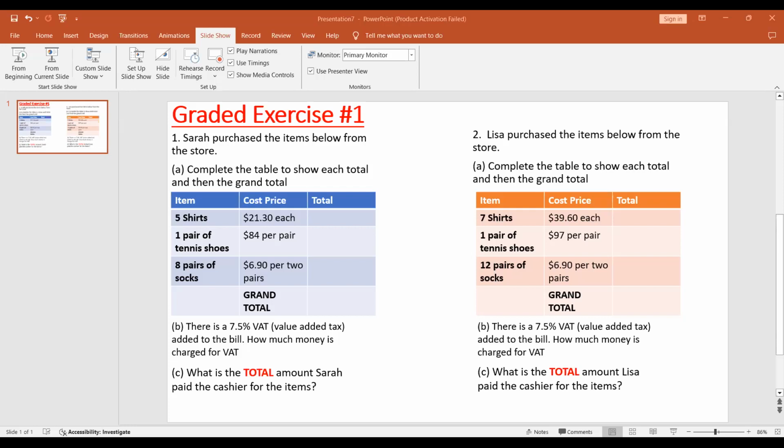Akira, what number are you on? Yes, sir. 1C. 1C, okay, good. Aliana, what number are you on? 1A. Amaranik, what number are you on? 1A.